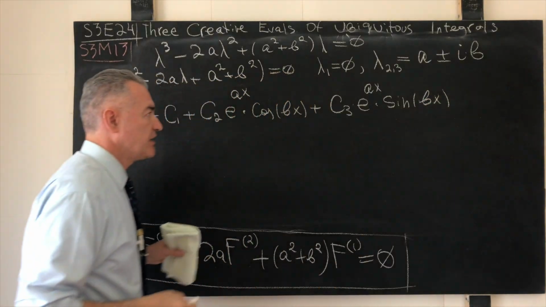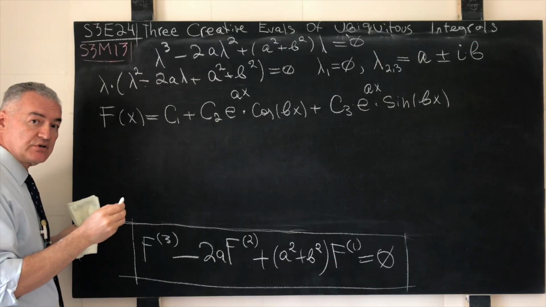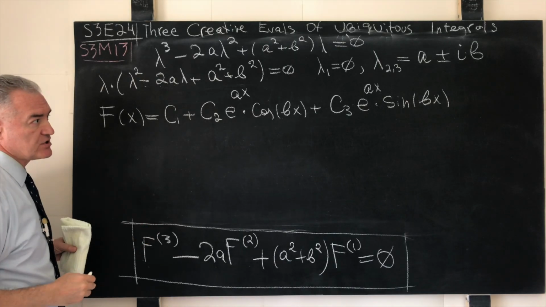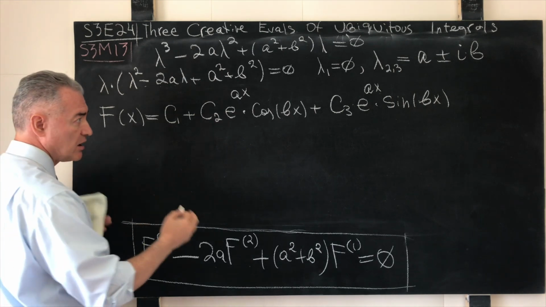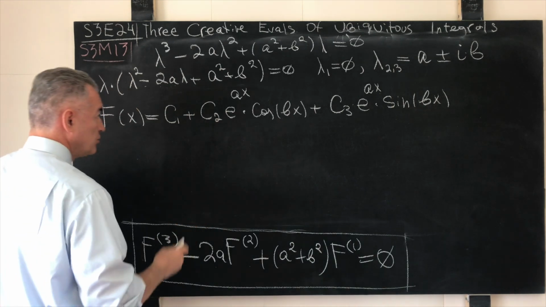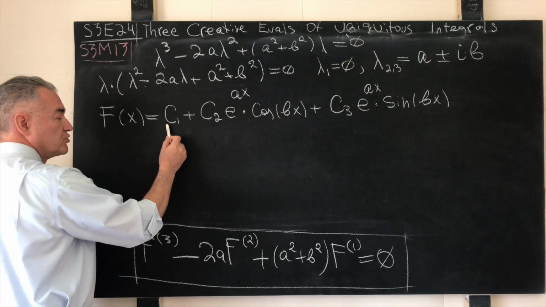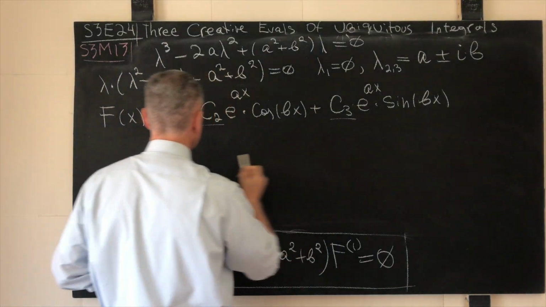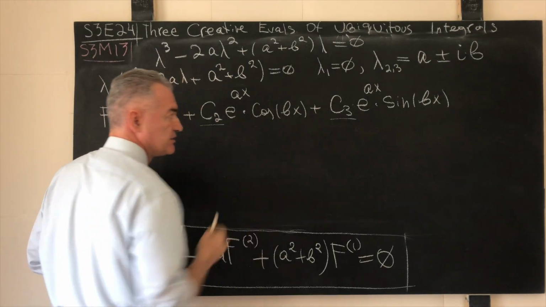This is basically the output of the general theory of how these particular types of ordinary homogeneous differential equations are solved. Again, nothing complicated. This is by the book, and all that is left to do now is recover the values of the constants c1, c2, and c3.